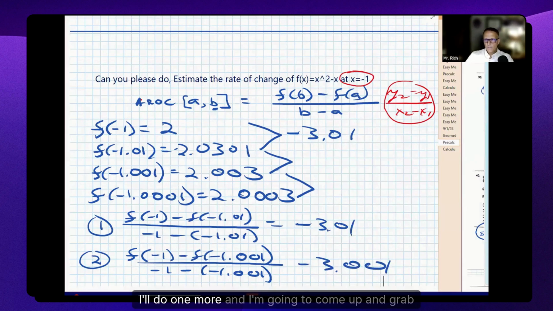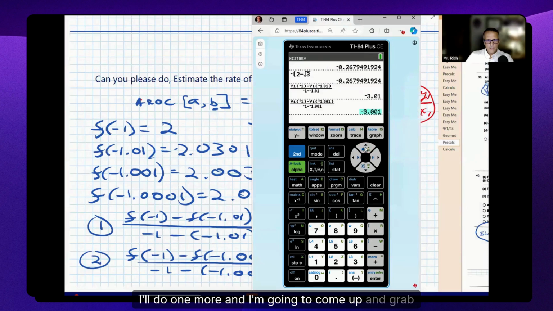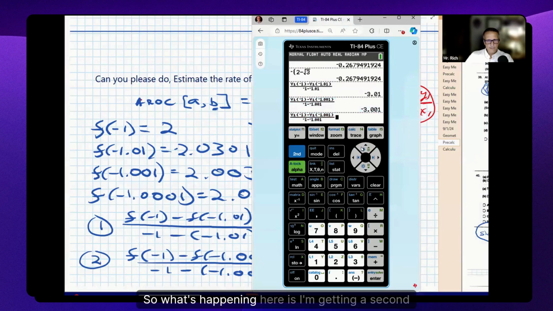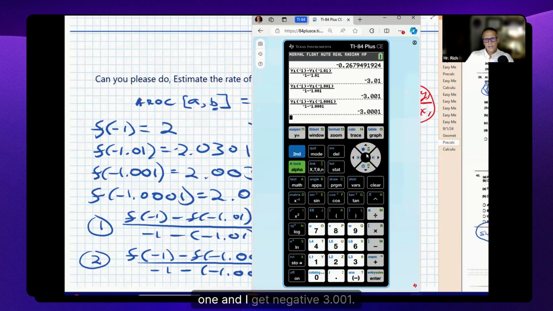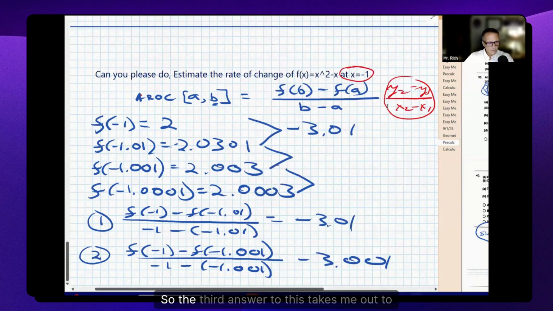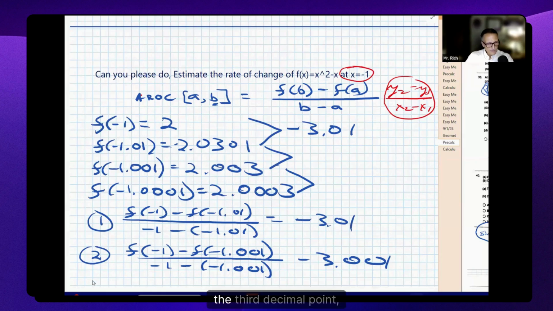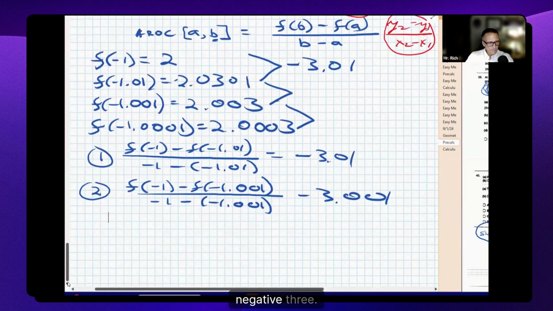I'll do one more, and I'm going to come up and grab this. So what's happening here is I'm getting a second point that is ever closer to the negative 1. So here it's going to be 0.001, and down here, tacking on another 0.1, and I get negative 3.0001. So the third answer takes me out to the third decimal point, negative 3.